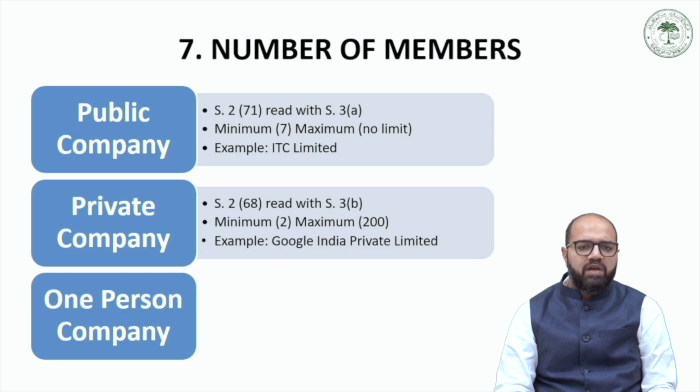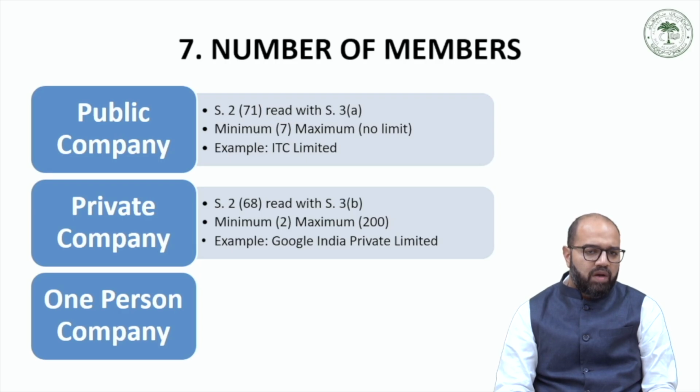According to this provision, a private company means a company having a minimum paid up share capital as may be prescribed, and which by its articles, number 1, restricts the right to transfer its shares, number 2, except in case of one-person company, limits the number of its members to 200. Thirdly, prohibits any invitation to the public to subscribe for any securities of a company.